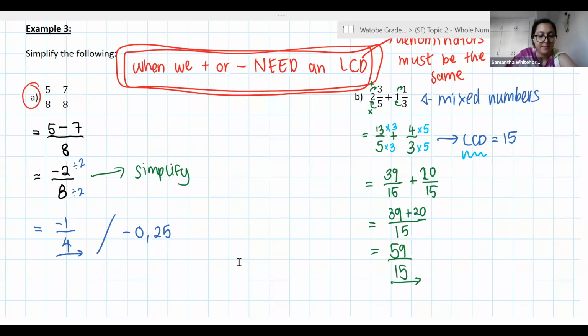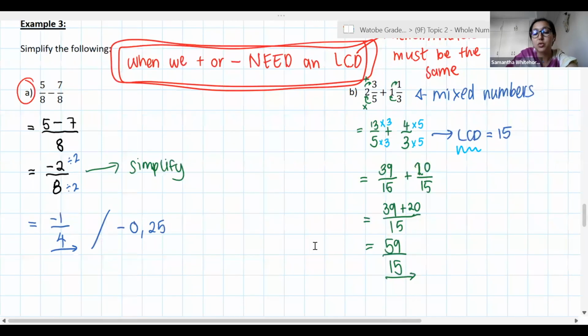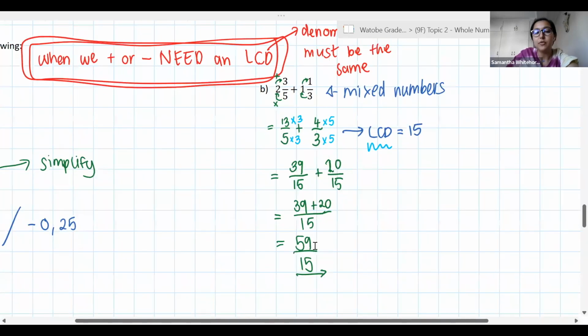Evile, question? Ma'am, I wanted to ask what happens if our answer is improper and we have to change it into a proper fraction? Okay, so we can't go from an improper to a proper, but we can go from an improper to a mixed number. So if we want to go to a mixed number, we need to figure out how many times 15 can divide into 59. But again, your calculator does this for you.